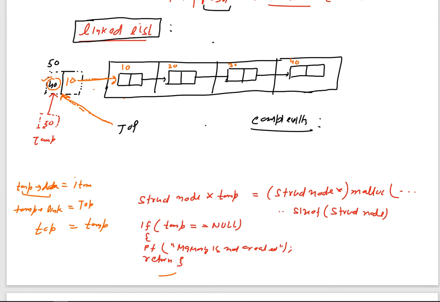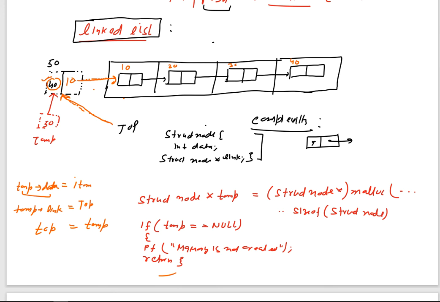Even before that, how are we going to create this node structure? struct node, and then I can have the data part, int data, and then the link part, struct node star, which is the link. Using this piece of code, we are creating this node structure. This is the data part, and this is the link part.